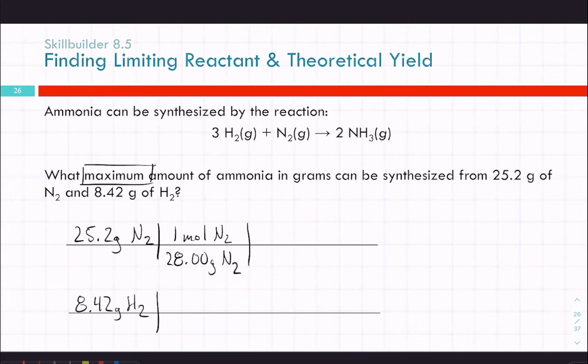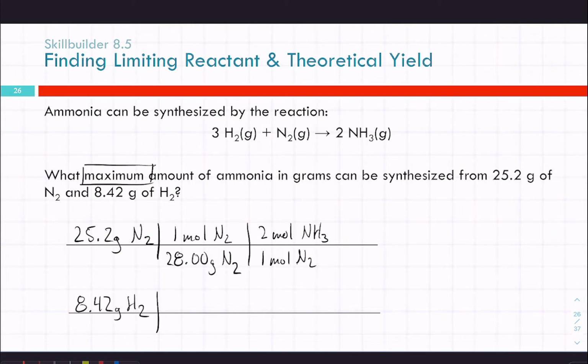And then our ratio of nitrogen to ammonia, 1 to 2. 1 mole of nitrogen, 2 moles NH3. Okay, so that'll get us all the way to moles of ammonia.